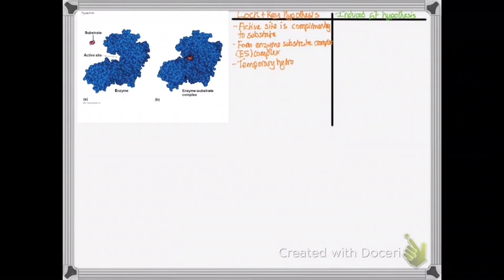The enzyme and the substrate molecules have kinetic energy and are moving randomly. If we have a successful collision between an enzyme's active site and the substrate, then we form this ES complex, the enzyme-substrate complex. The substrate molecule is either broken down or built up, so we've learned catabolic and anabolic. Once the product molecules leave the active site, the enzyme can form another ES complex.